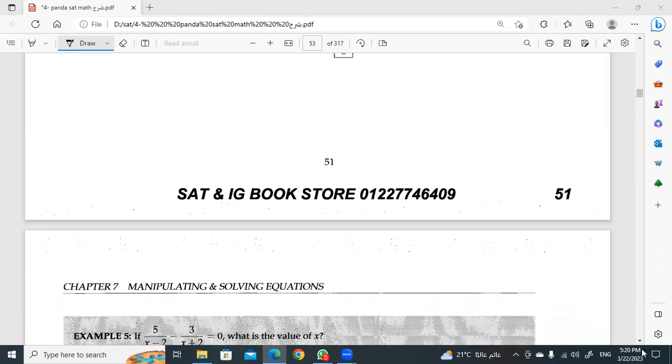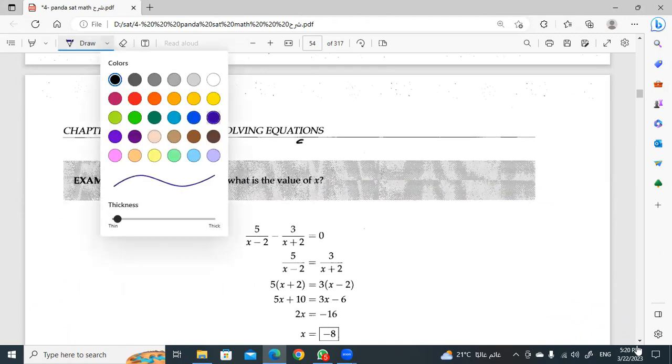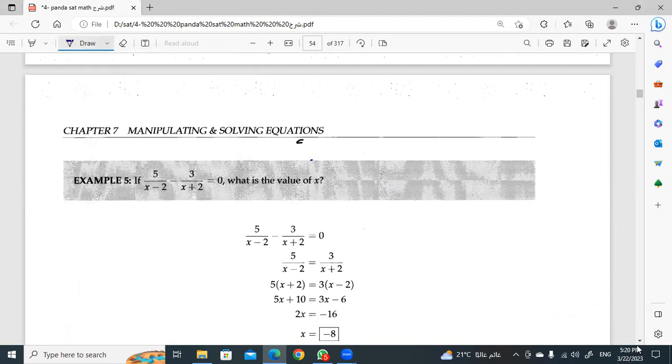Okay. So after this, what is the value of x in this one? I'm searching for the x. Okay, here I have 5 over x minus 2 minus 3 over x plus 2, and my equation is balanced by equals to 0.